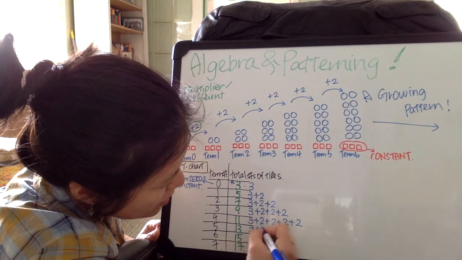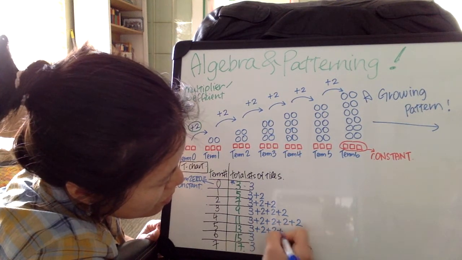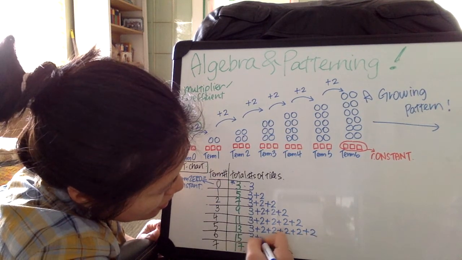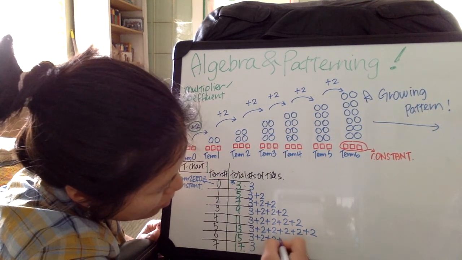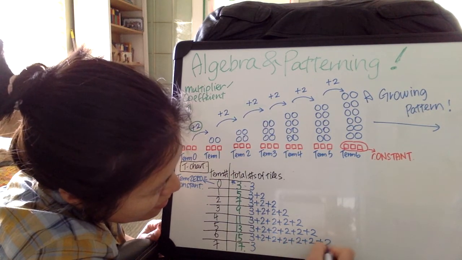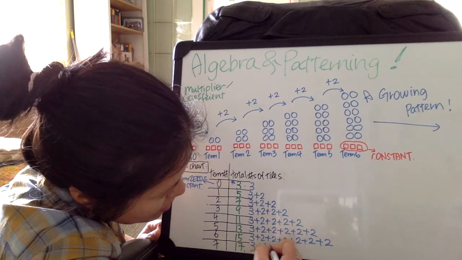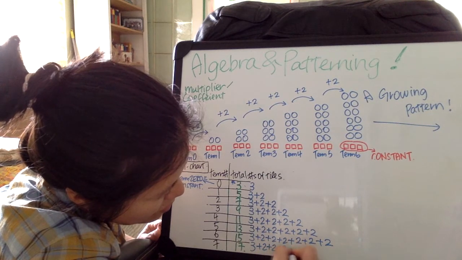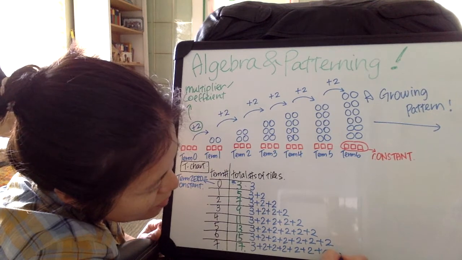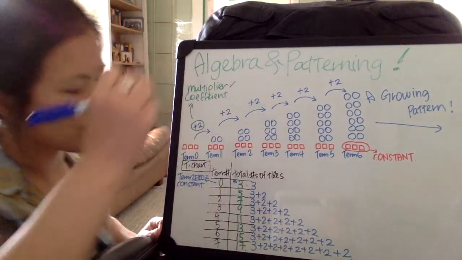Plus 2, plus 2, plus 2, 2 more, almost there, and the last one, plus 2, and plus 2.